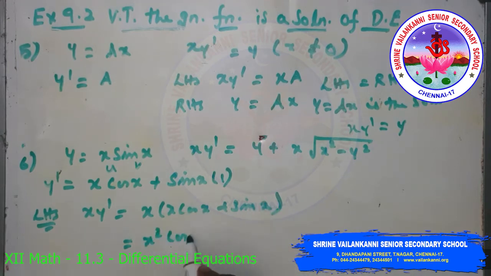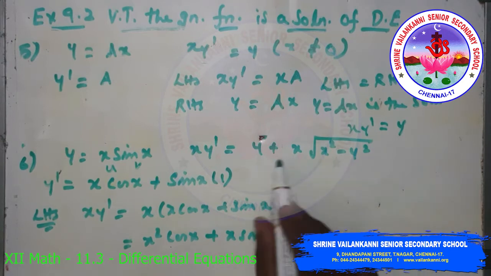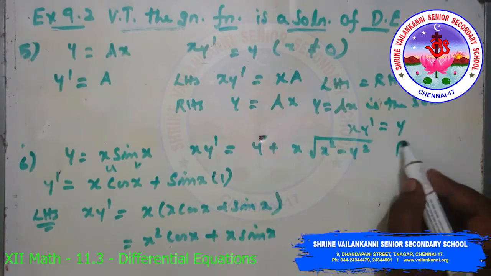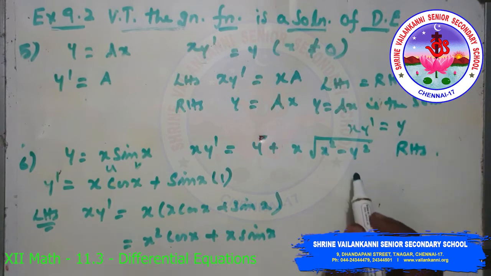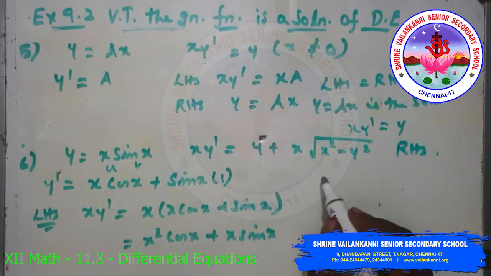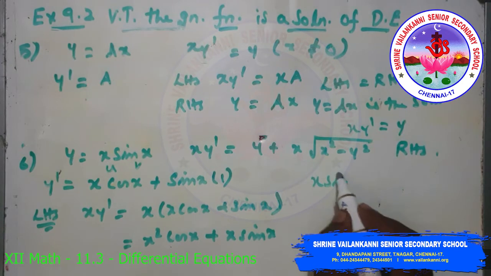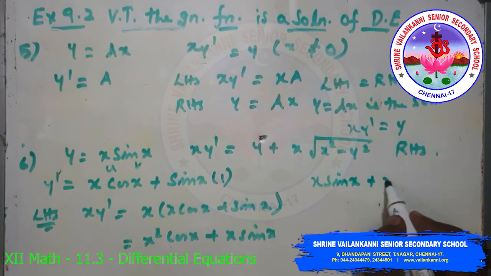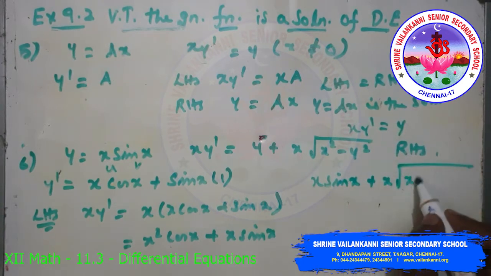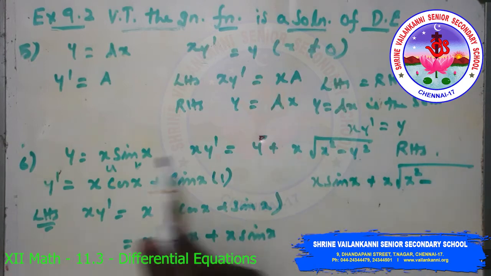So we get x square cos x plus x sin x, which is LHS. So RHS is y plus x into root of x square minus y square. Here we have y as x sin x.